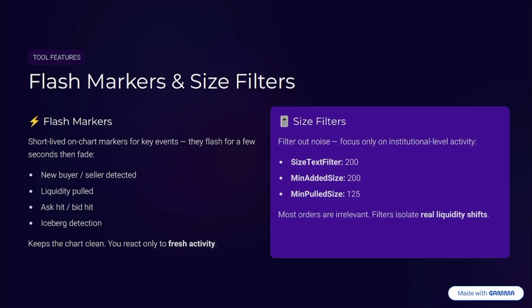We've also included size filters to help filter out the noise so you can focus only on institutional level activity. The orders on the horizontal lines will only show if the count is 200 or greater. For pulled orders, we only show if the count is 125 or greater. Most orders are irrelevant. Filters isolate real liquidity shifts.